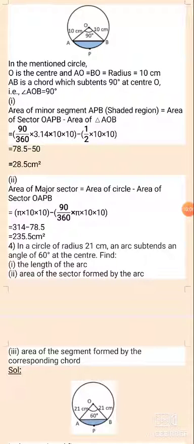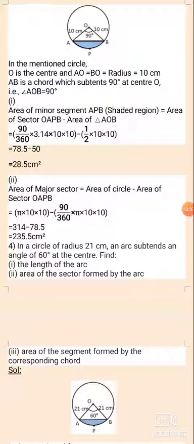Now listen carefully here. The sector angle is 60 degrees, but in the above question the angle was 90 degrees. So which equation do we apply to find the area of the triangle? Half into base into height. Now, the central angle here is 60 degrees. If OA and OB are 21 centimeter, and two sides are equal, opposite angles are also equal.